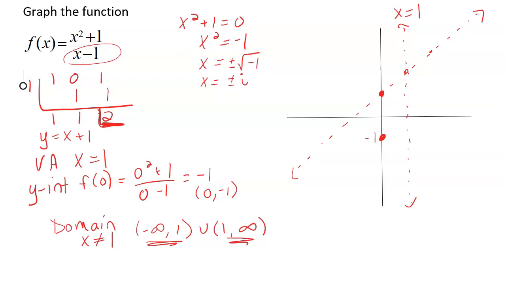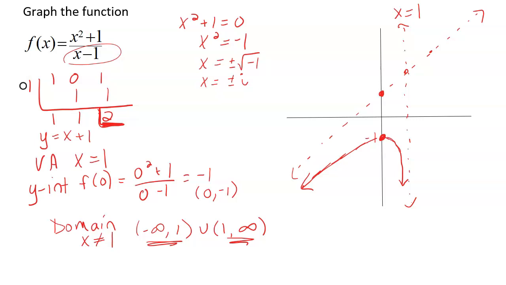It's kind of easy to figure out what's going on in this bottom section because we have a y-intercept, and so we know it's going to go down there. And then we know it's going to go maybe that way-ish because of that slant asymptote. Remember, those asymptotes are going to steer the graph in the direction that you want it to go.